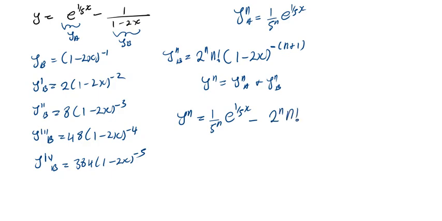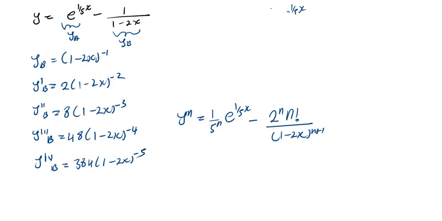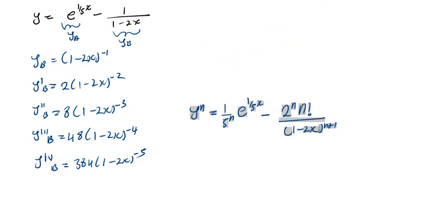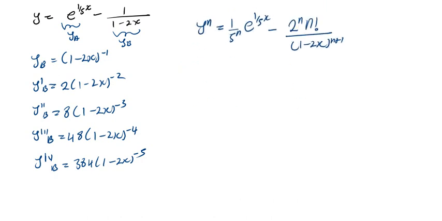I'm going to bring this on the denominator because it has a negative, so we'll make it positive. That would be (1 - 2x) to the power n plus 1. So that's what we have as our nth derivative.